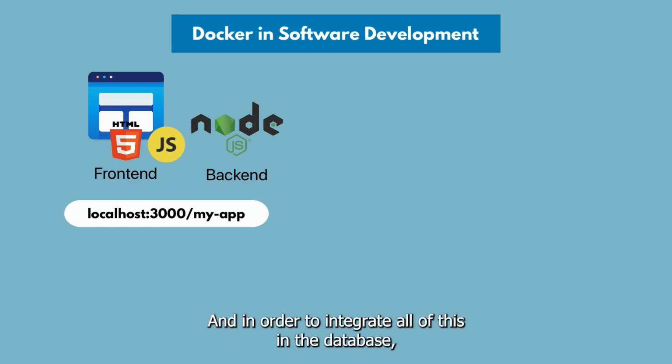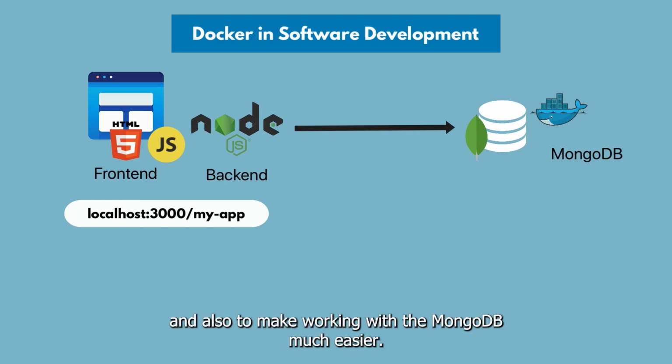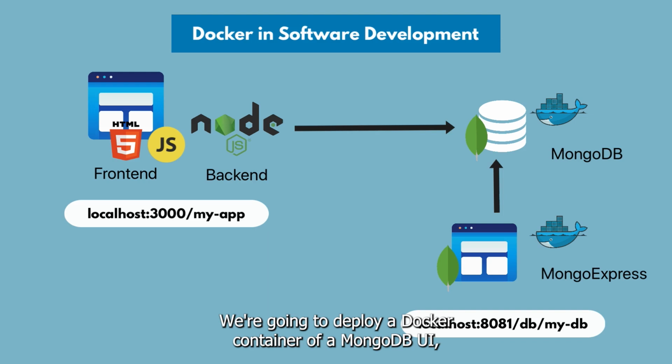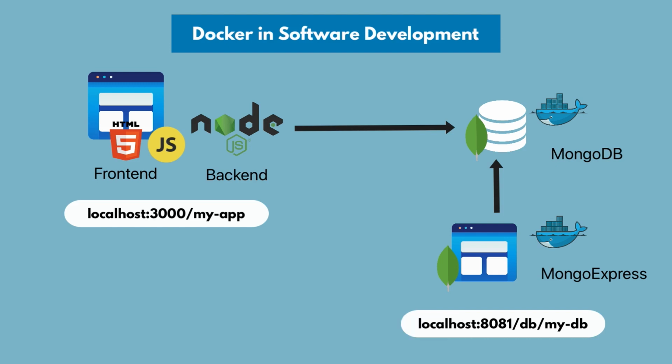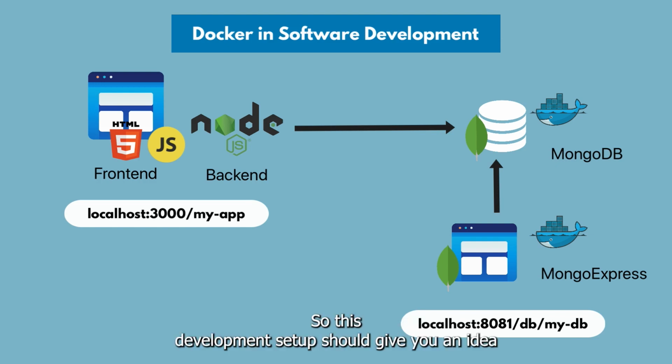In order to integrate all of this with the database, we are going to use a Docker container of a MongoDB database, and also, to make working with MongoDB much easier, so we don't have to execute commands in the terminal, we're going to deploy a Docker container of a Mongo UI, called Mongo Express, where we can see the database structure and all the updates that our application is making in the database. This development setup should give you an idea of how Docker containers are actually used in the development process.